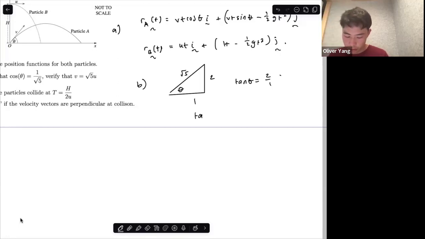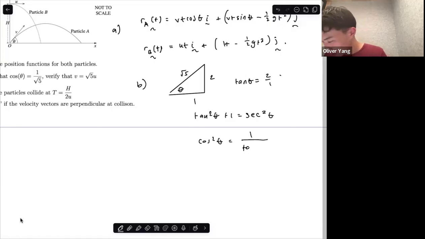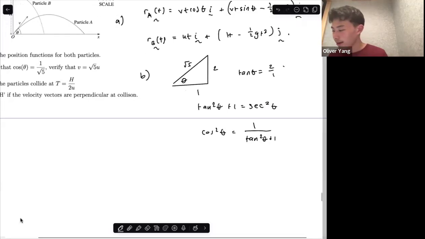We know the formula: tan squared theta plus 1 equals sec squared theta. And so we know that cos squared theta would have equaled 1 over tan squared theta plus 1, because what we've done is just inversed everything.